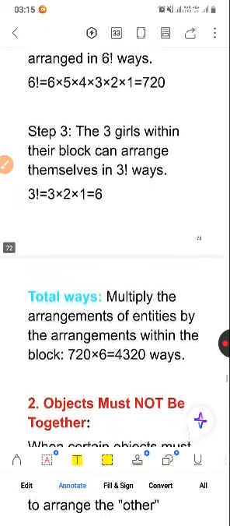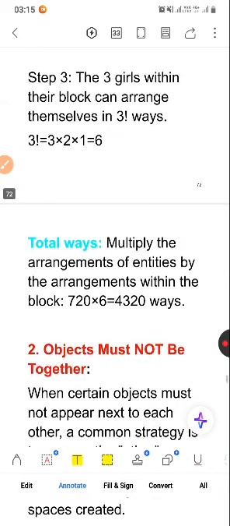When you want to arrange them, the first girl will have 3 possibilities, because you can select any of them for the first choice. Then for the second choice it will be left with 2 girls, so 2 possibilities. And when the second girl is selected, it's left with only 1 girl, and that's 1 possibility. That's what accounts for the factorial.